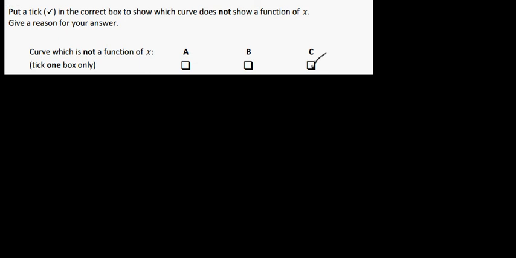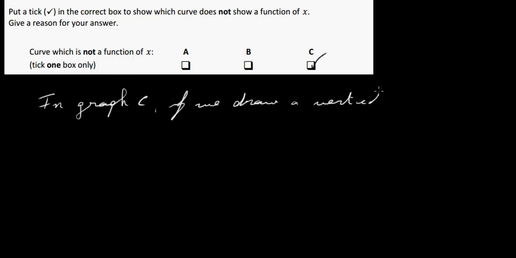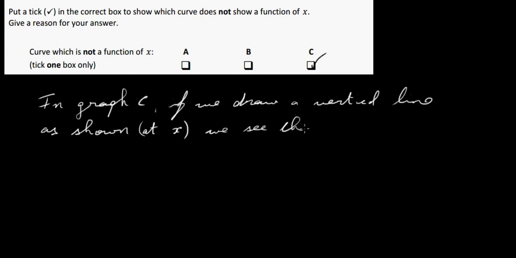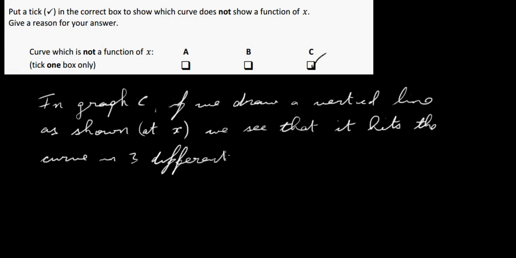So we would say something like, in graph C, if we draw a vertical line, as shown, at x, we see that it hits the curve in three different places.